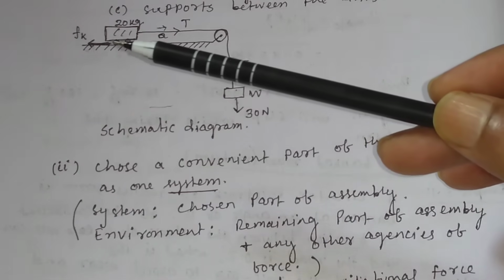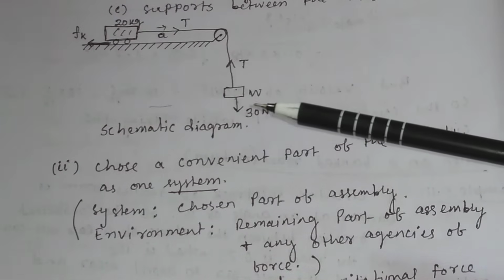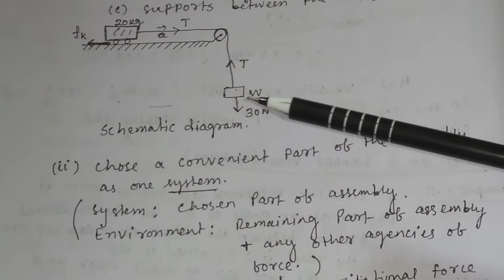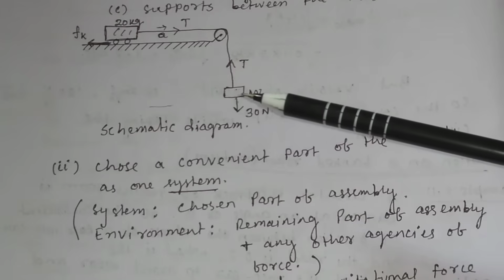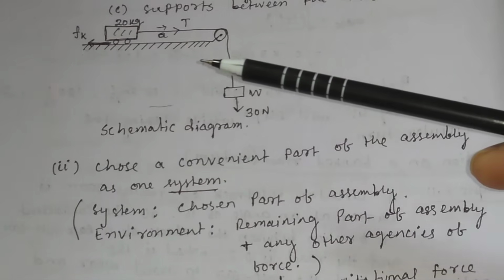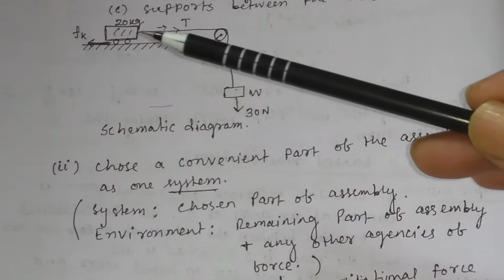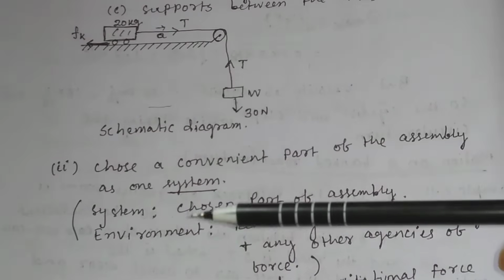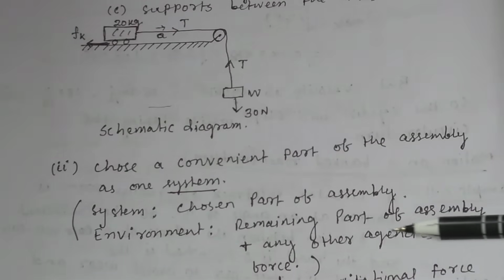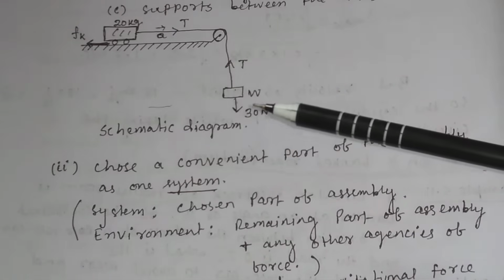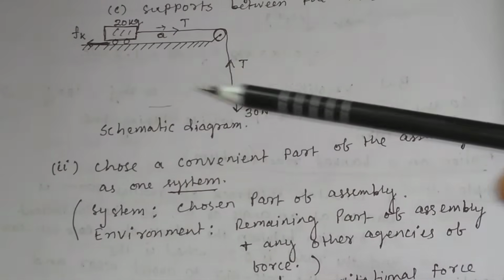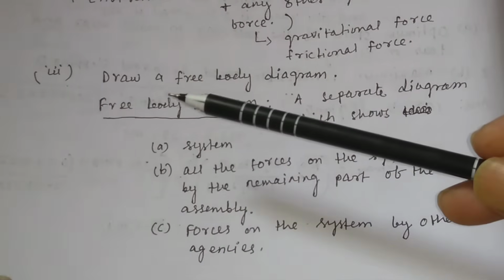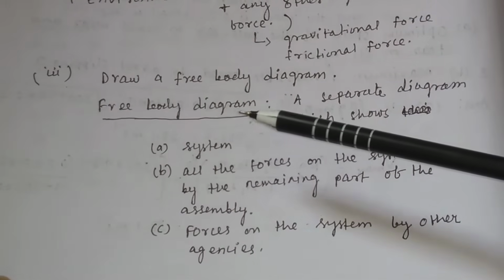So frictional force, gravitational force, these you can say are the environment. Out of the assembly, what you have is the environment plus any other agencies of force like gravitational force, frictional force, etc.